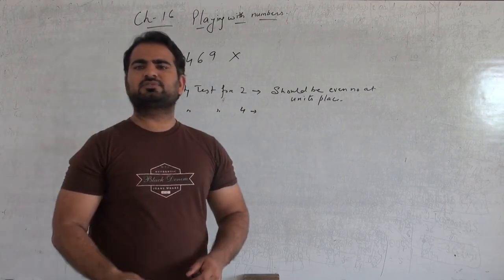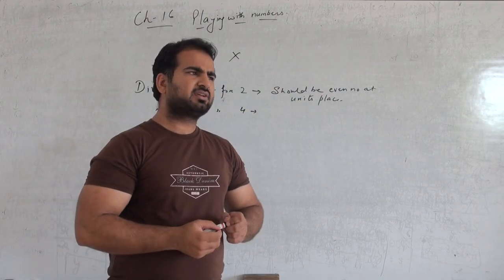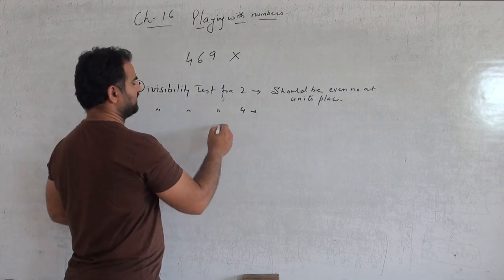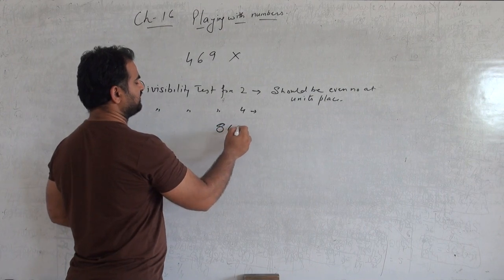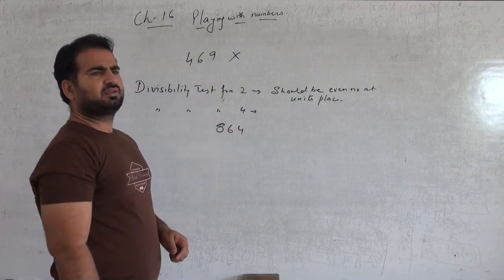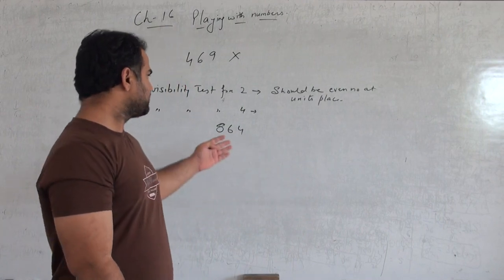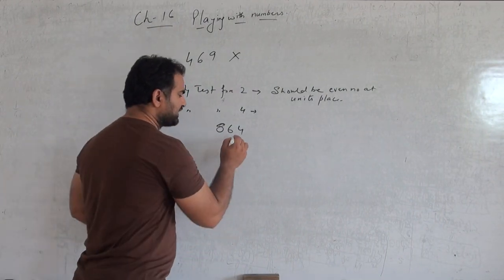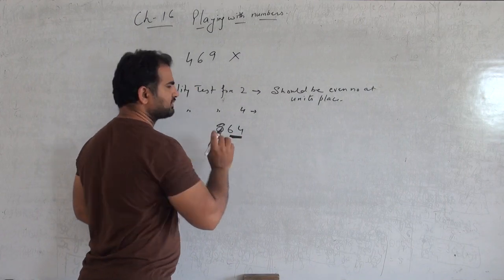Next, divisibility test for 4. So what should be the divisibility test of 4? Like a number is 864. How can we find that this number is divisible by 4? So what we have to do is just check the last two numbers.